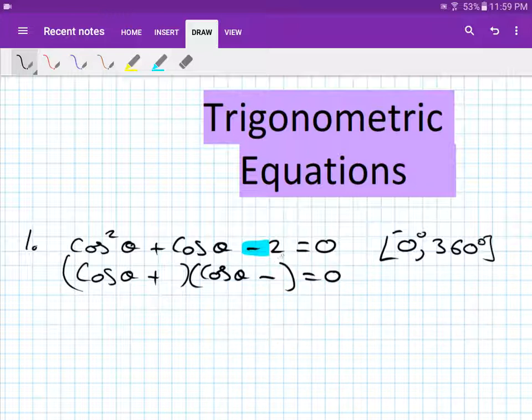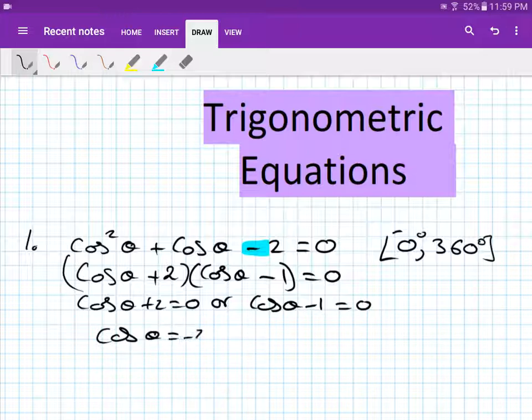Because the 2 is positive, the 2 goes on this side and the 1 on this side. So this means that cos theta plus 2 equals 0 or cos theta minus 1 equals 0. So therefore, cos theta equals negative 2 or cos theta equals 1. Sorry, you move it to this side, it becomes 1.